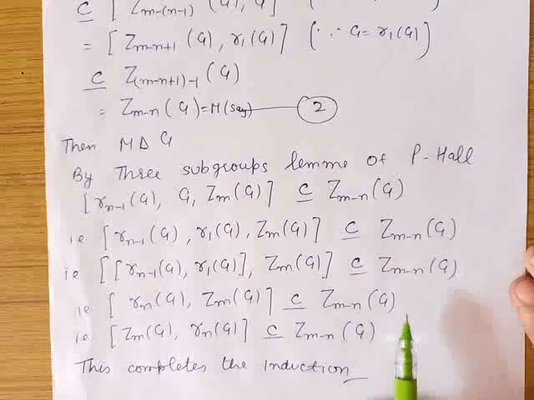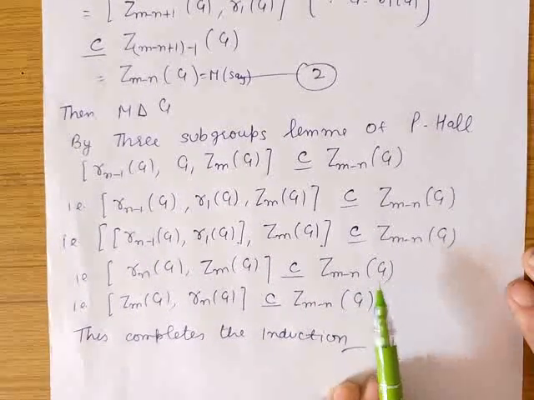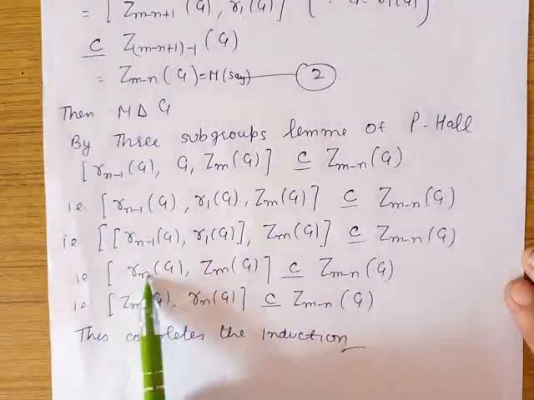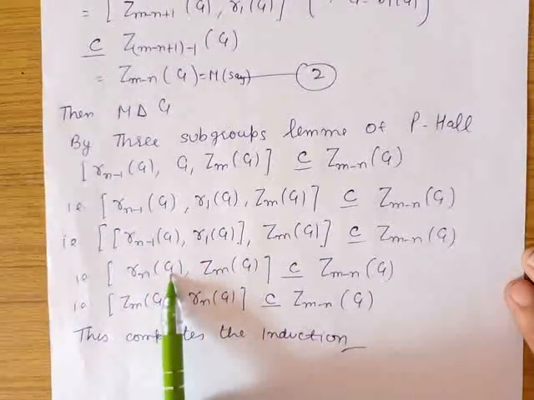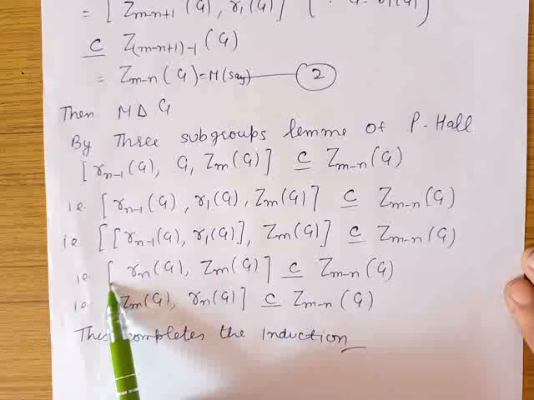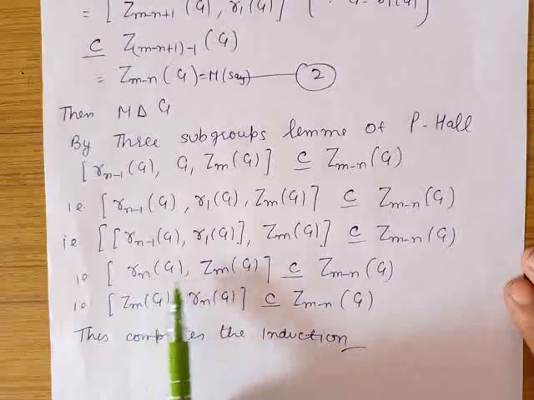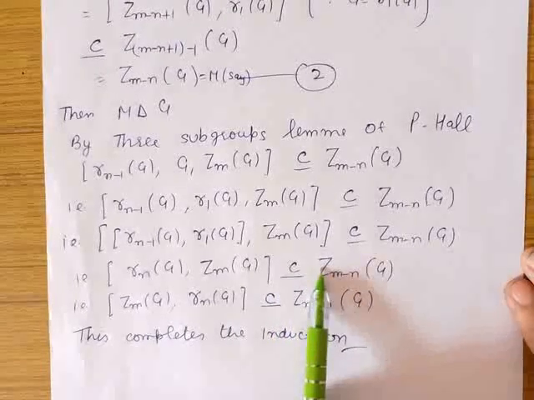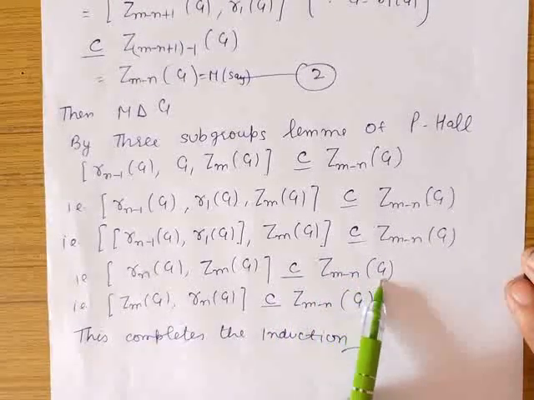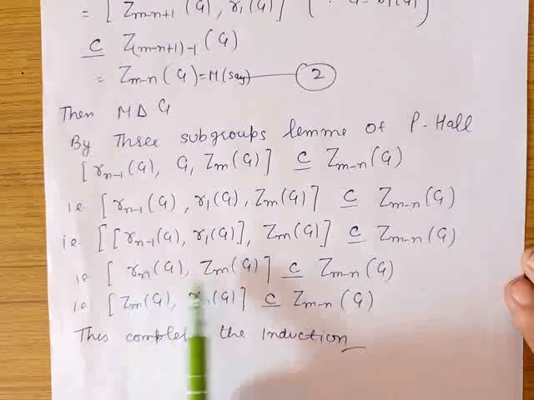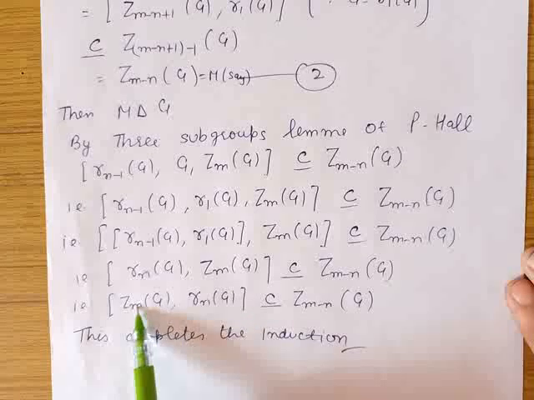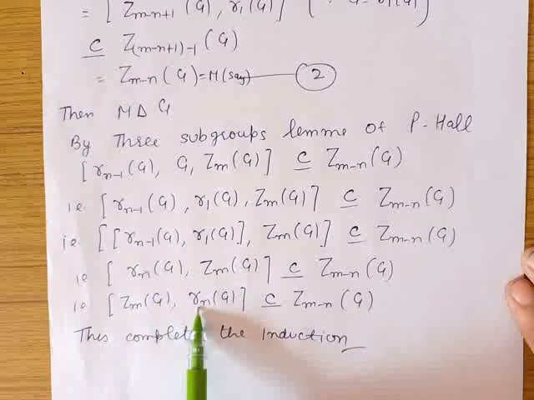Now by definition of lower central series, this commutator is gamma nG. So we get commutator of gamma nG with ZmG is contained in Z m minus n G, and this can further be written as the commutator of ZmG with gamma nG.